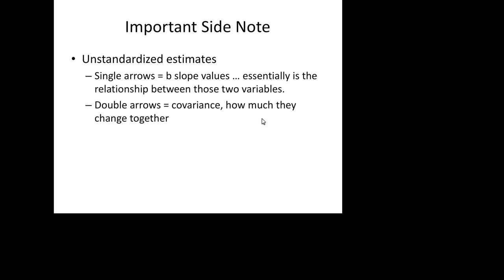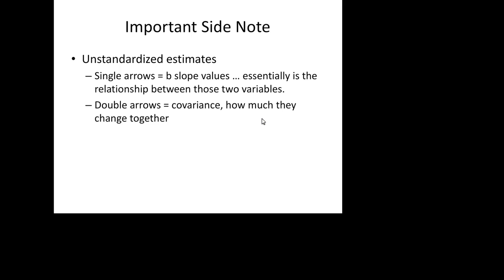So a single-headed arrow of X causes Y in an unstandardized model is a B. That's essentially the same thing as interpreting a coefficient in regression. If X is going up, Y is going up if you have a positive B. So think about those as the coefficients in regression.